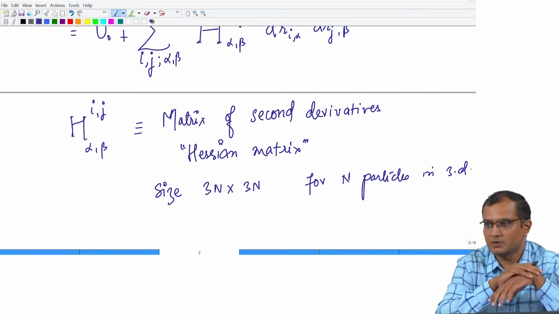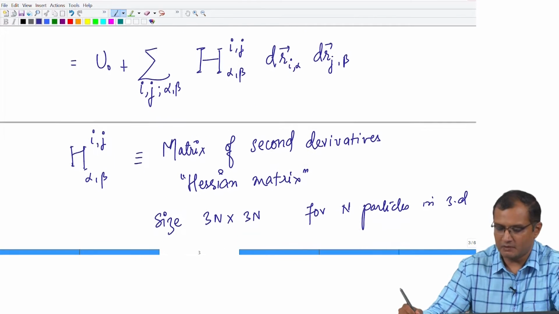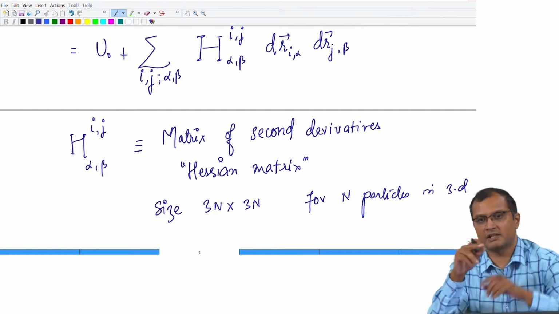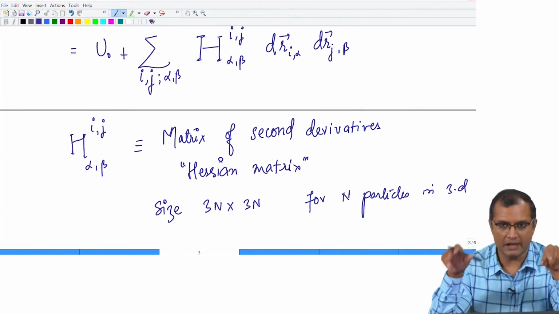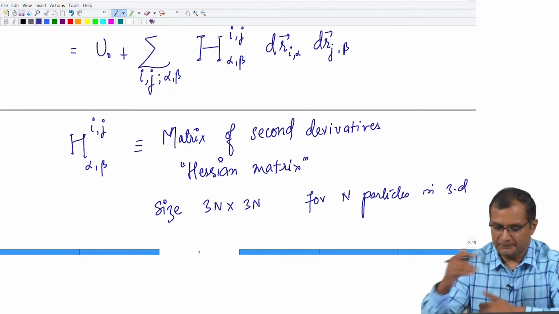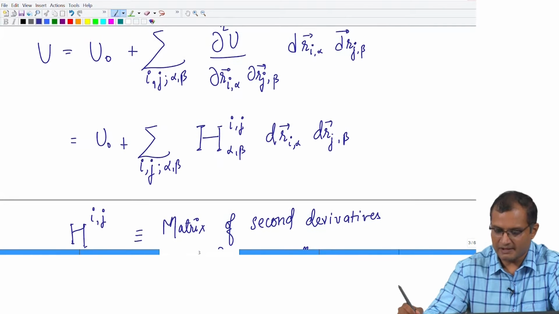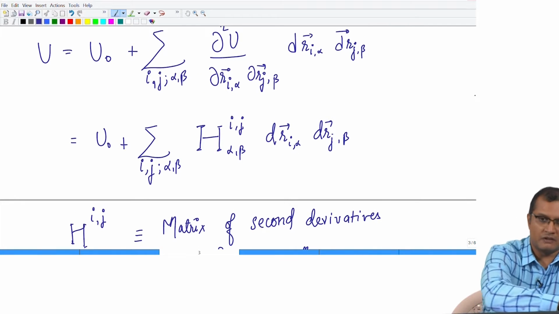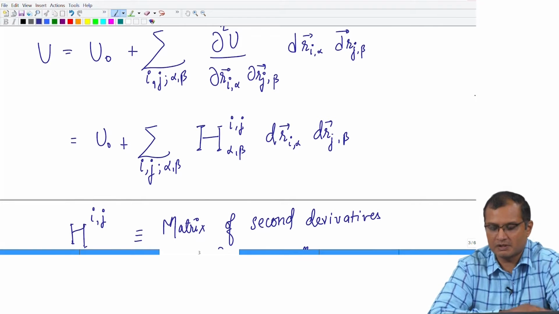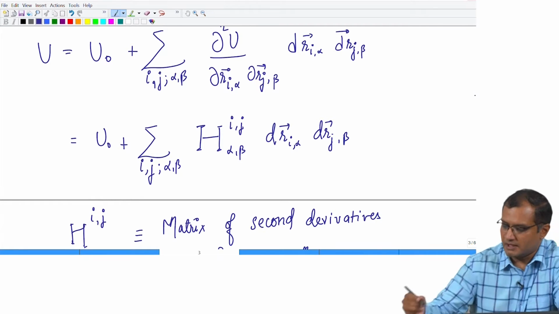Okay. So, you can write down this matrix of second derivatives in the form of an array or a 2 dimensional matrix, and if you look at the form of this matrix, it does not matter if I change the location of alpha and beta, because this matrix is symmetric in its indices.